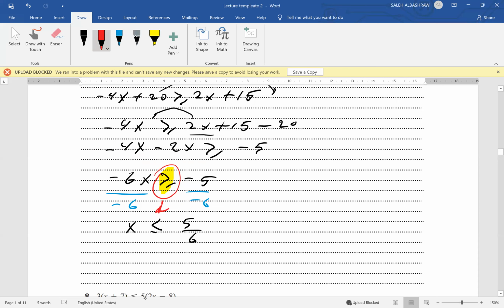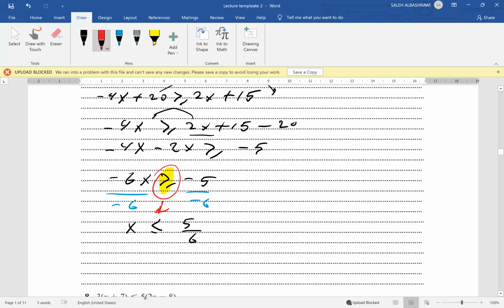So the solution now, using the set builder notation, I will say it is x, where x is less than or equal to 5 over 6. This is set builder notation. And the graph, the solution will be 5 over 6 with a closed circle.